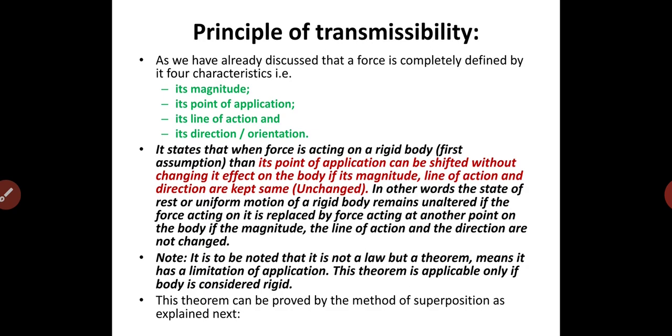In other words, the state of rest or uniform motion of a rigid body remains unaltered if the force acting on it is replaced by a force acting at another point on the body, provided its magnitude, line of action and direction are not changed.